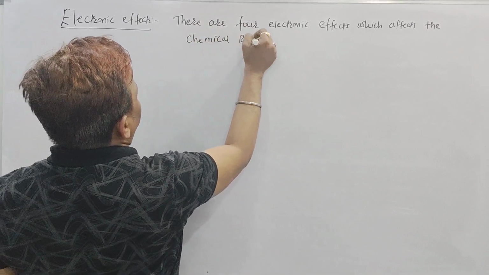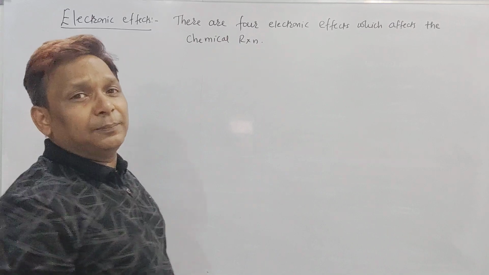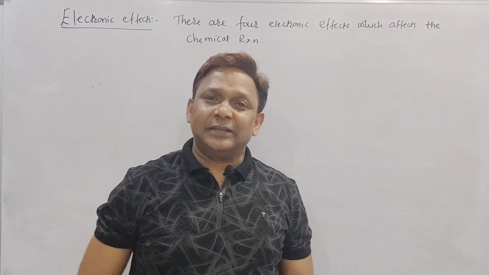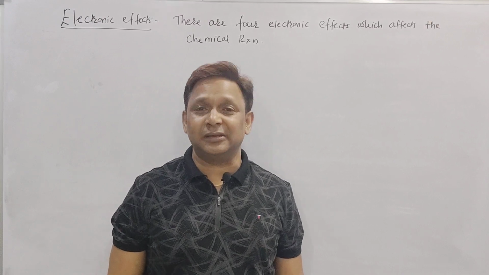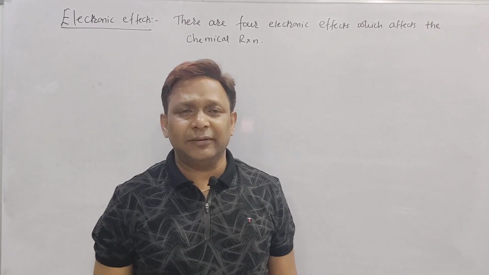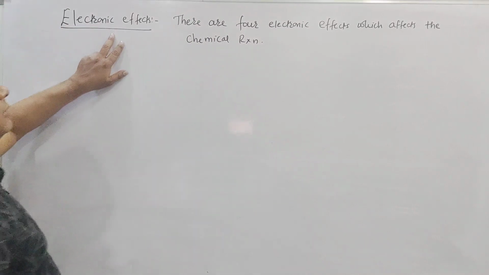Means based on these 4 effects, we can predict the product, we can predict the stability of the product, even we can discuss the strength of the compound, acidic nature, basic nature.